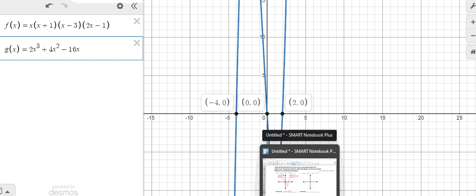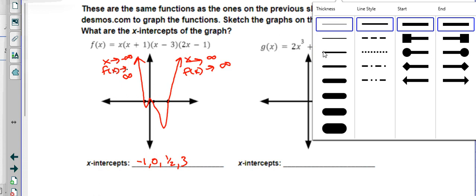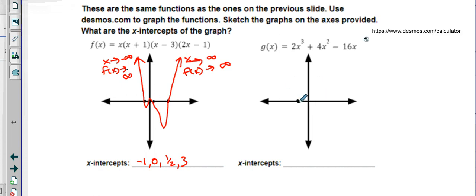So now let's go back and let's graph this thing. When we graph this, we're going to go back to black here, and we're going to put a point somewhere around -4. We got one at 0, and we got one at 2. And so this one went down, and then it went up quite a bit from what I remember.